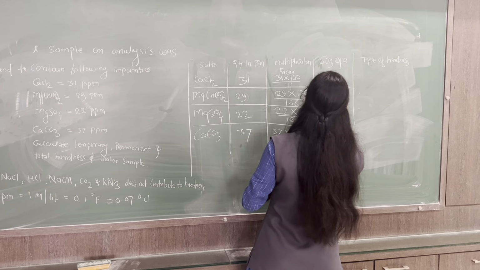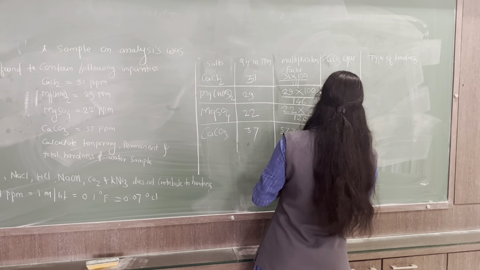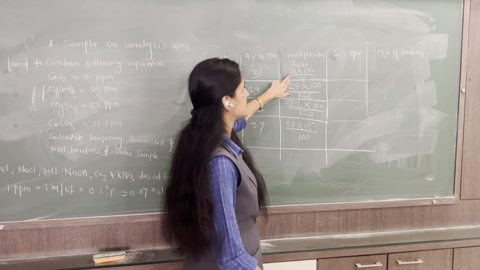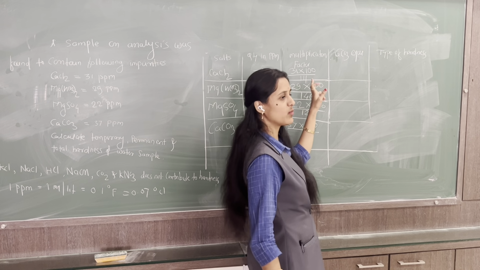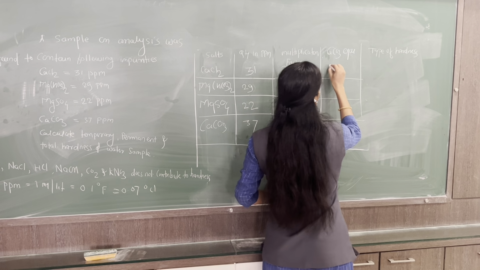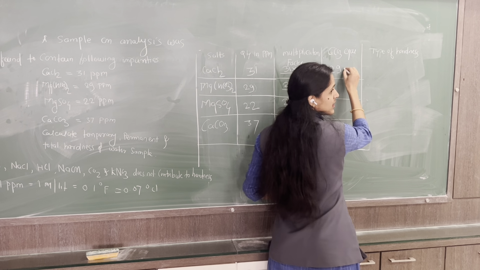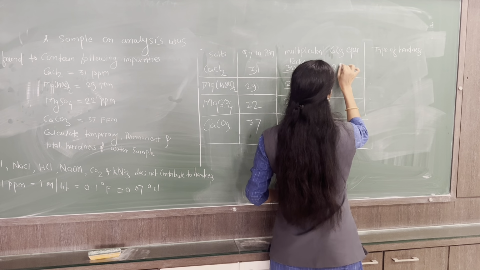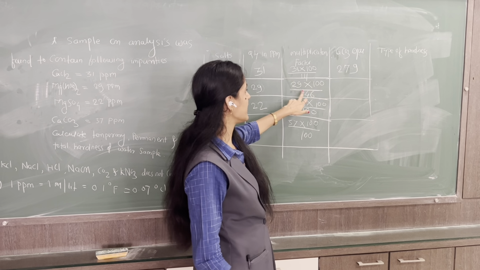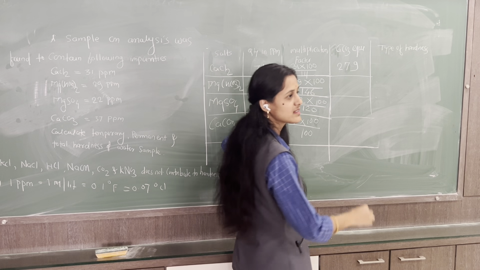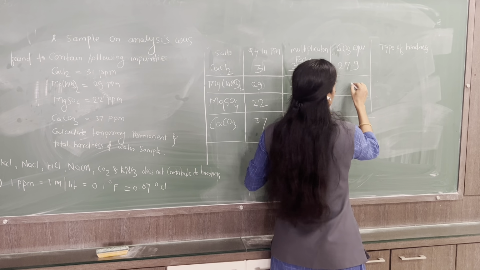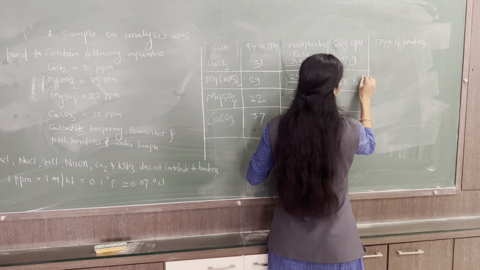Right now you have to make the calculation. This is 31 into 100 divided by 111, it's 27.9. In case of 29 into 100 divided by 146, it's 19.86.